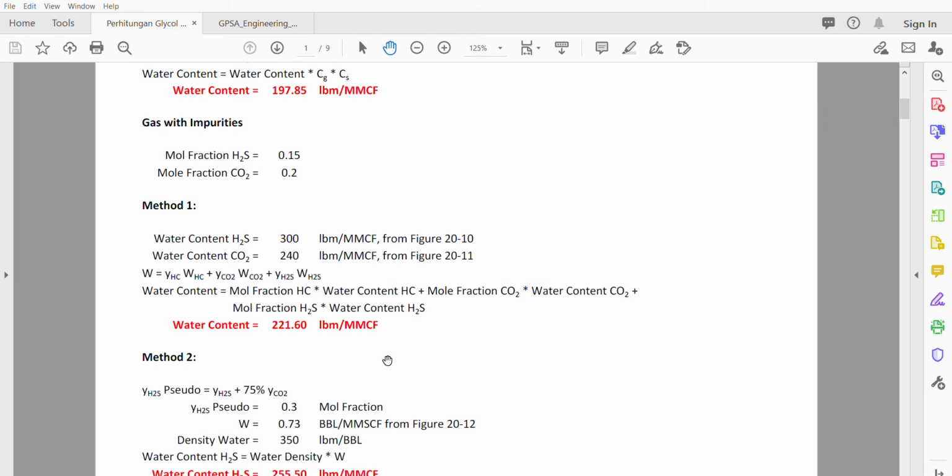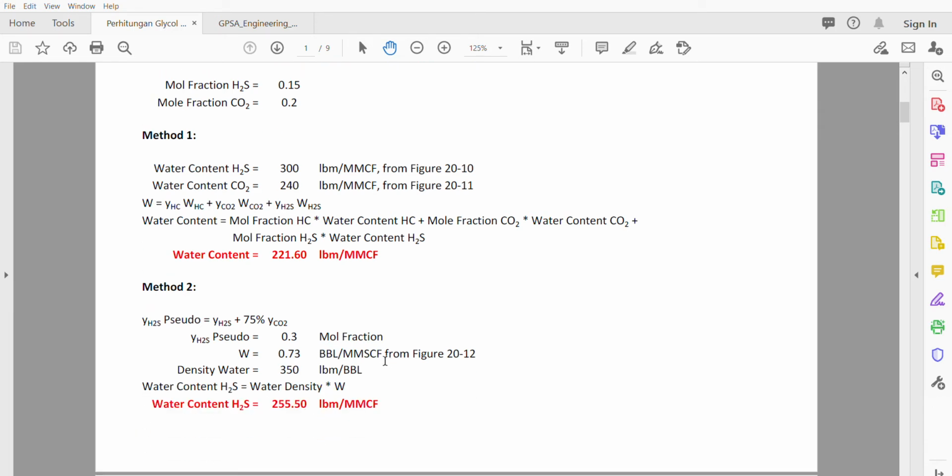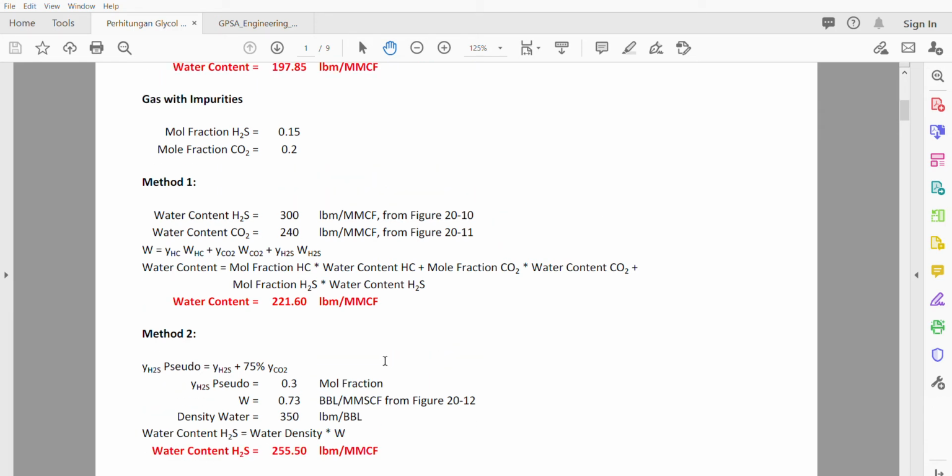Okay, and then the second method is kind of different. First, we use the mole fraction of H2S pseudo, which is a combination of mole fraction of H2S and only 75% of mole fraction of CO2.